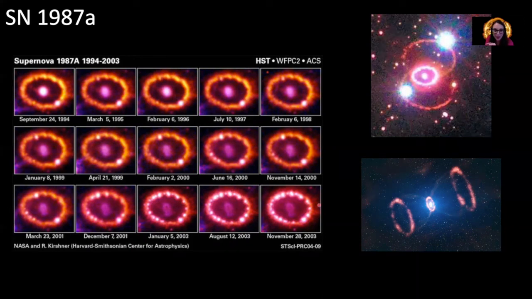This is called like a string of pearls, and these string of pearls are lighting up and changing shape over time. And actually, that's the zoom in on the middle part of the supernova remnant. And this is the zoom back, the full supernova remnant, and we've got two rings, kind of like an hourglass shape, and then the neutron star in the middle here.